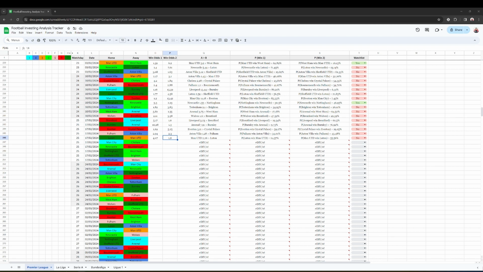Luton at home 18th. They just win, lose, right? So they lost with City 1-2. They won with Newcastle, they lost with Chelsea, they won with Brighton, and then they lost with Sheffield United. Completely unexpected team, performing unexpectedly.